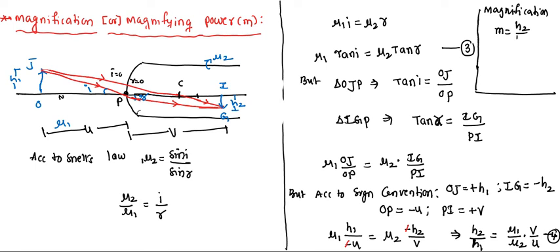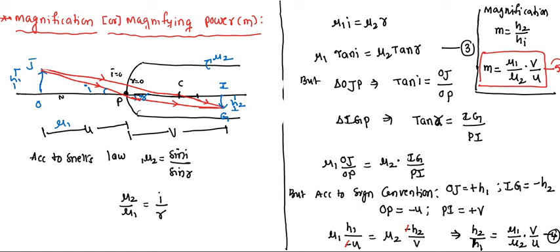But h2 by h1, what you got here, is nu 1 by nu 2 into v by u. This is the formula for the magnifying power for refraction through a spherical surface.